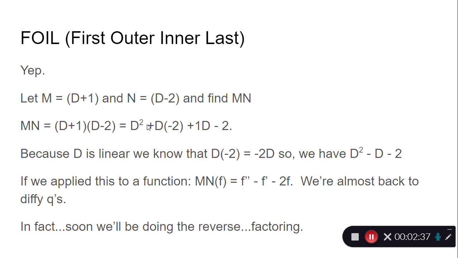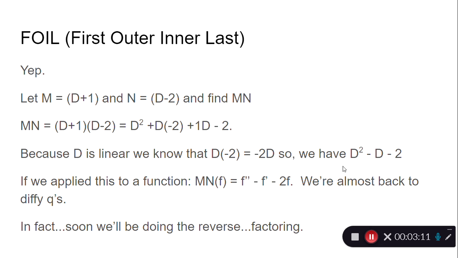We're going to end up with 4 terms. D commutes with constants, meaning if I had a function f here, you could just pull the constant out. This is really tricky. Sometimes folks see this and say, okay, well, this is 0. The derivative of a constant is 0, right? Yes, but we're not taking the derivative of anything yet. There's no function here. This is all something that's applied to a function, which we will in a second.